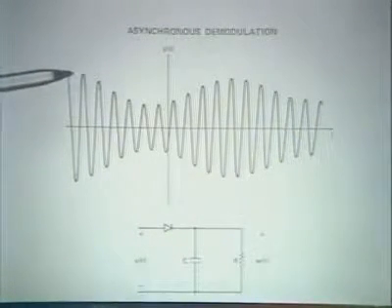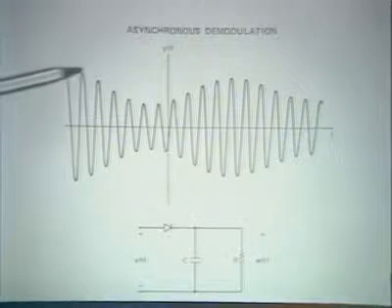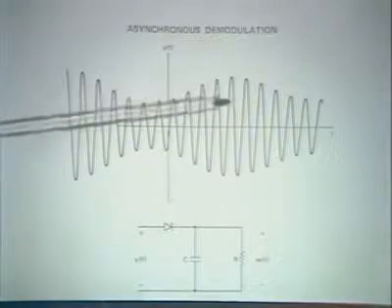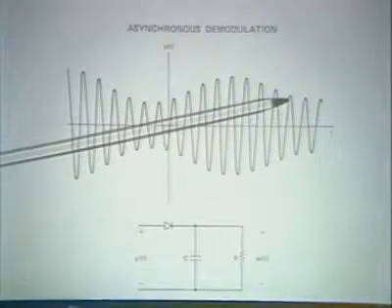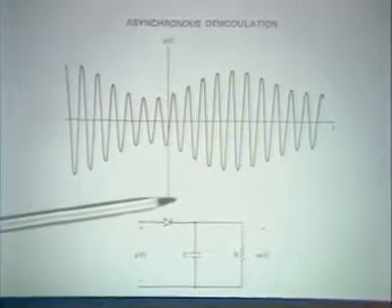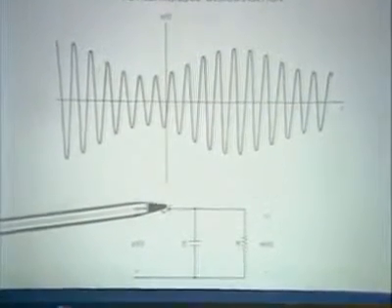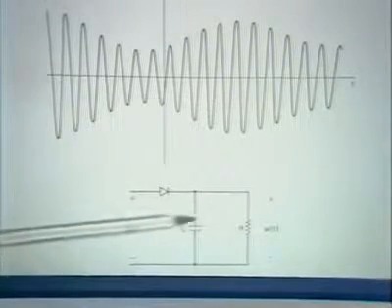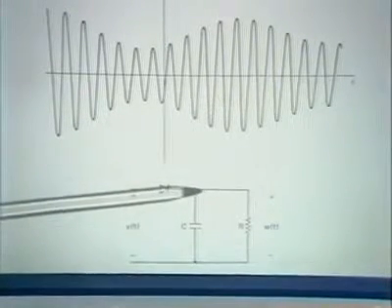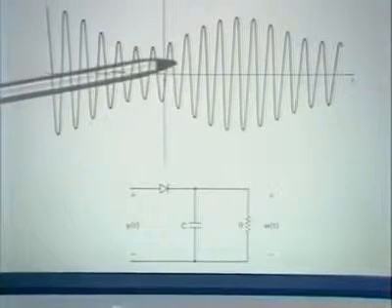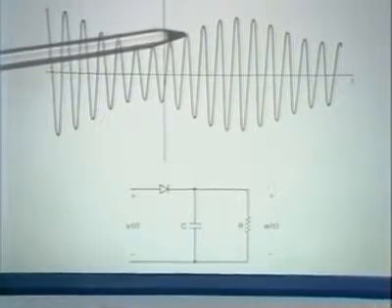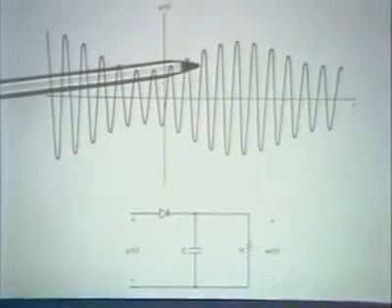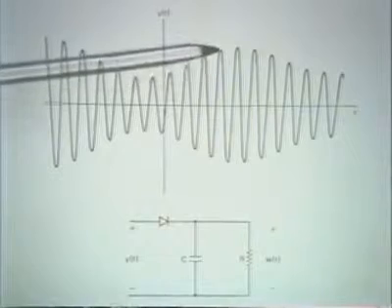Well, one could imagine building a circuit or designing a device which in some sense will track the envelope. And in fact, a common circuit to do that is a fairly simple circuit consisting of a diode and a resistor and capacitor in parallel, the idea being that the capacitor charges up as this waveform moves up to its peak, and then as the waveform drops down, the capacitor discharges through the resistor, and it tracks the envelope.